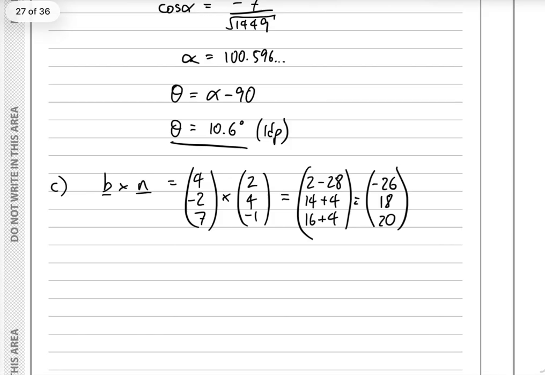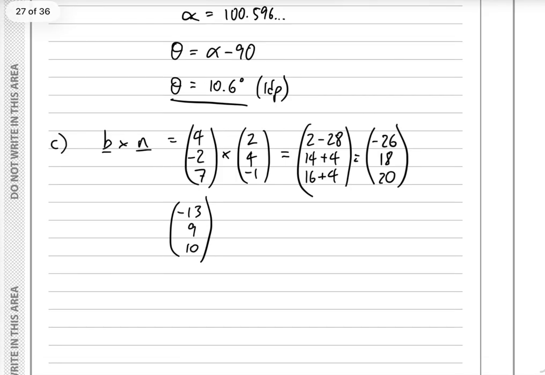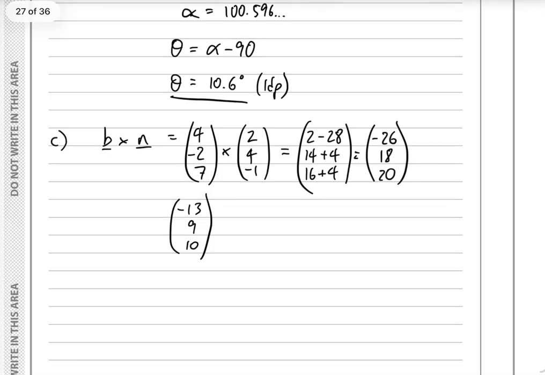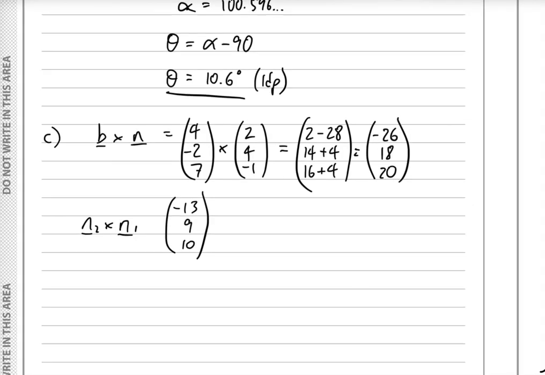And remember, this is a direction, so if we want to simplify that to (-13, 9, 10), we can. So this is the normal to the plane that contains L1, L2, and n. Now we want to do the cross product between the two normals to find the direction vector of the line of intersection, which is L2.